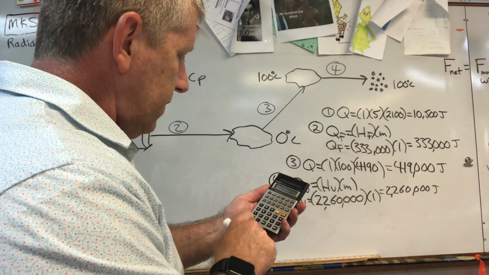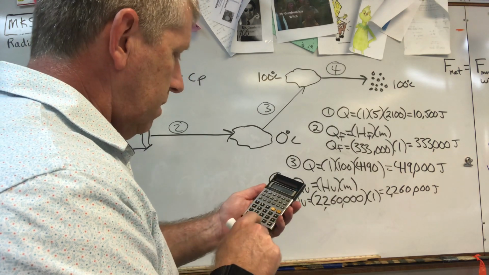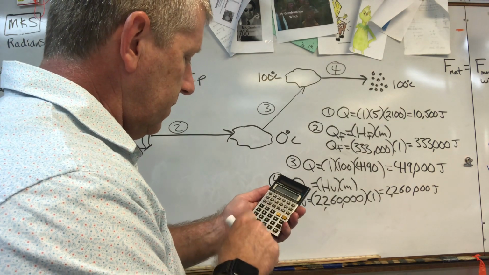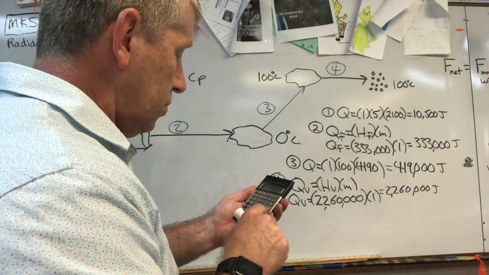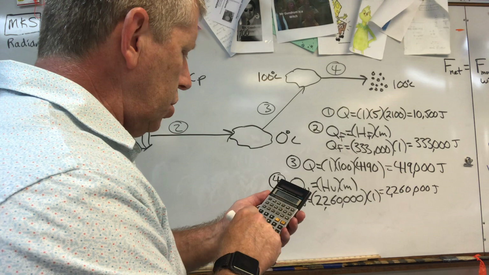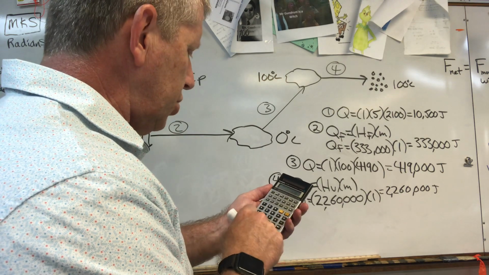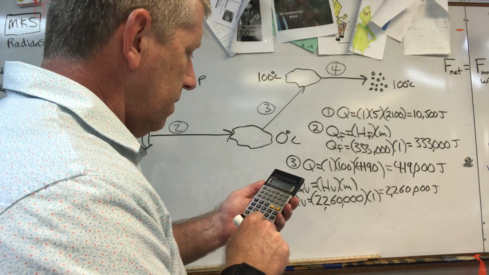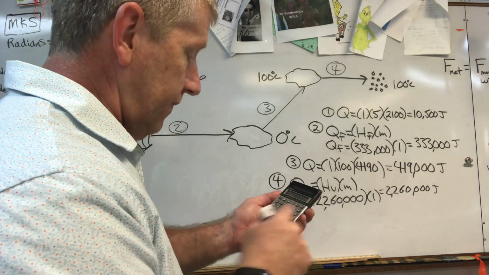So 10,500 plus 333,000 equals... plus, oh, don't divide. No. Okay, equals, and then, oh, actually, hit divide again.